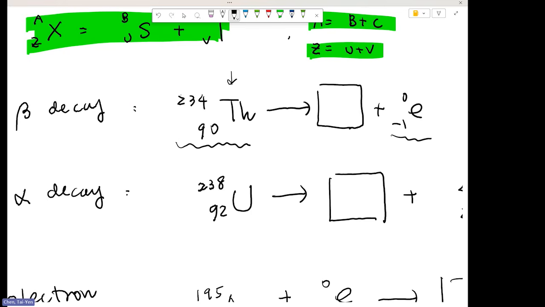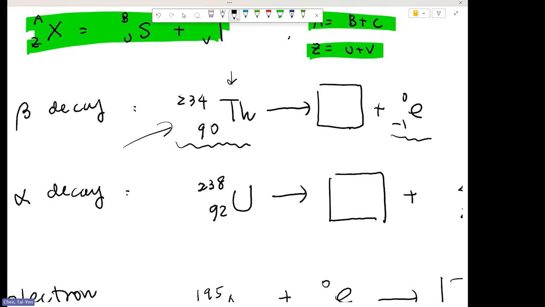When something undergoes a beta decay, it produces 1 electron on the product side. Every time you see a sentence saying certain particles undergo a beta decay, that's what it means: you put your electron on the right-hand side, on the product side.